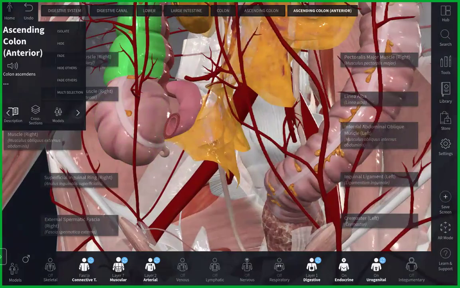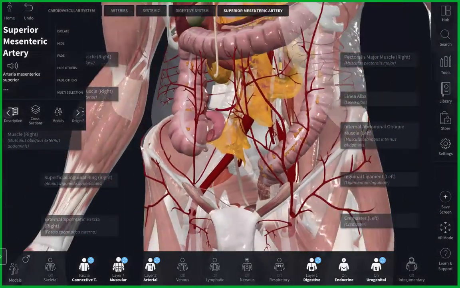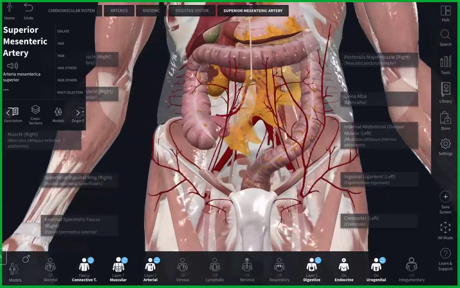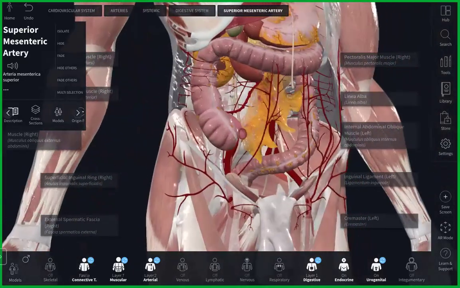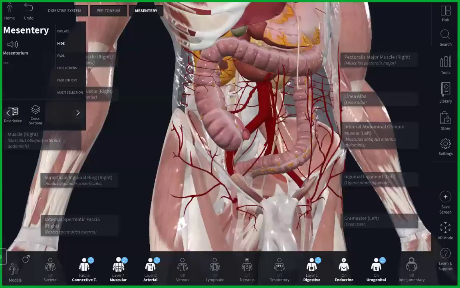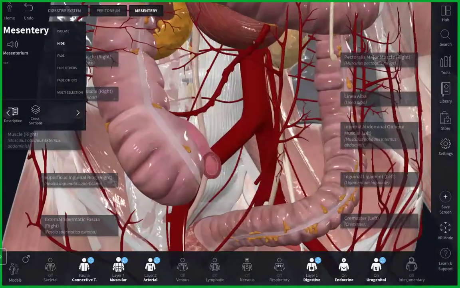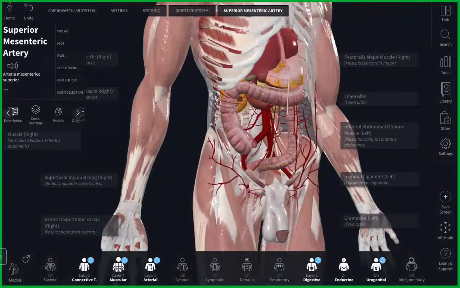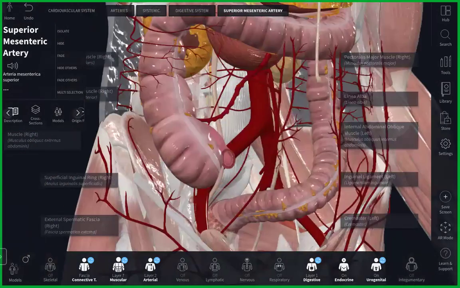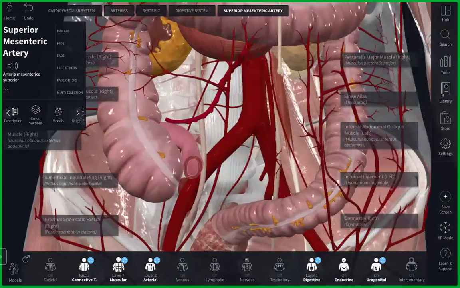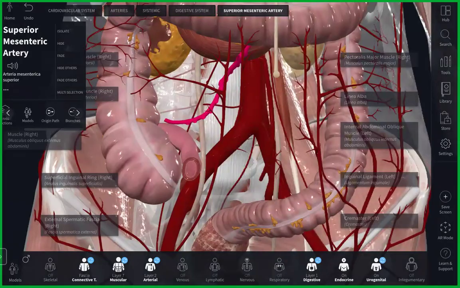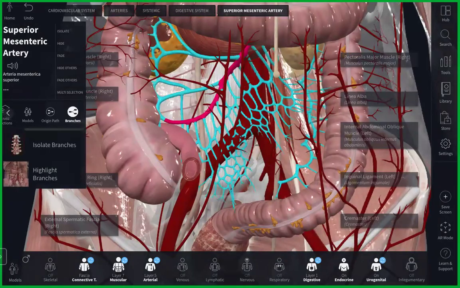After that we have transverse colon and then we have, and this is the second branch from our abdominal aorta. I'll show you all the branches, don't worry. That is superior mesenteric artery. Okay. Superior mesenteric artery. I'll be adding the branches. So here are the branches of superior mesenteric artery.